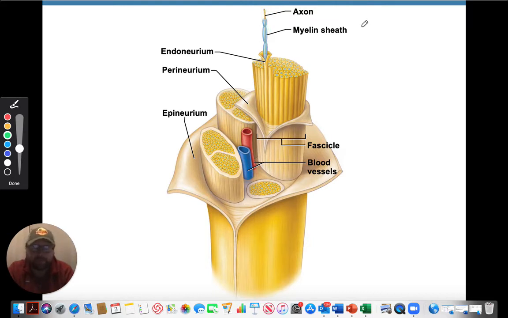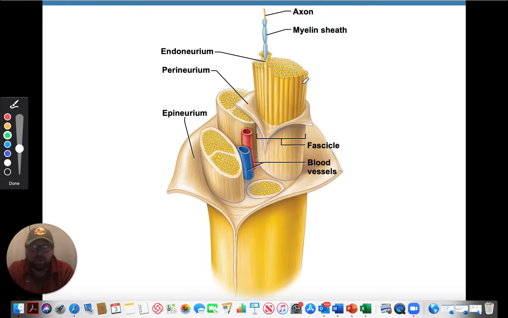Now within our nerve, we wrap each neuron in an endoneurium. Again, we've seen these prefixes before. Think about an endomysium in the muscular system. That's what we see right here. That's what this yellow thing is that we see going around our neurons. So this is a whole bundle of neurons wrapped in endoneuriums.